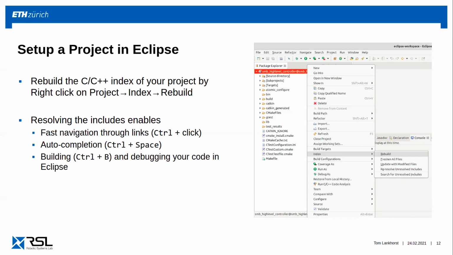We can invoke auto-completion with the Control-space shortcut. And Control-B builds the workspace. Now, when you run into issues when building the workspace, you might want to rerun the catkin build command on your command line again. This might update some internal properties of your Eclipse project.